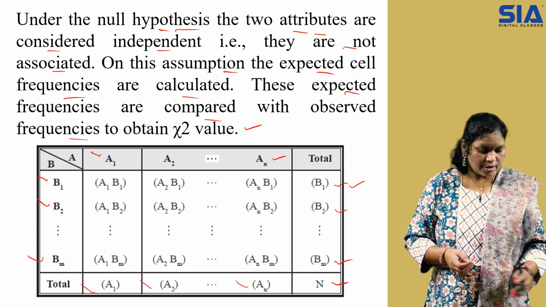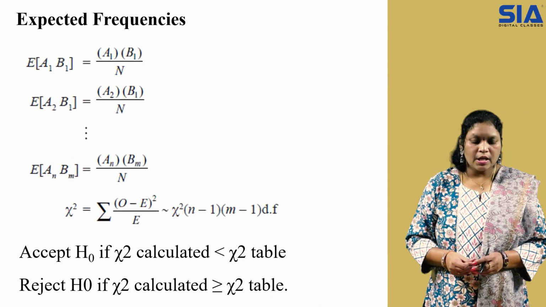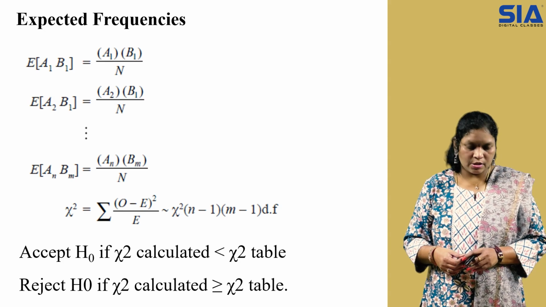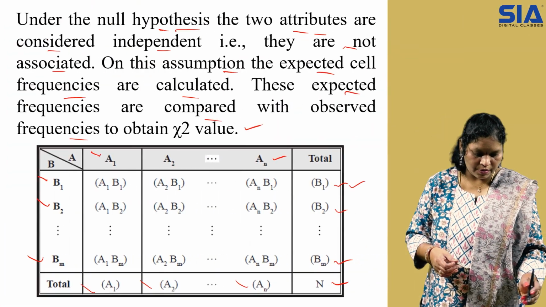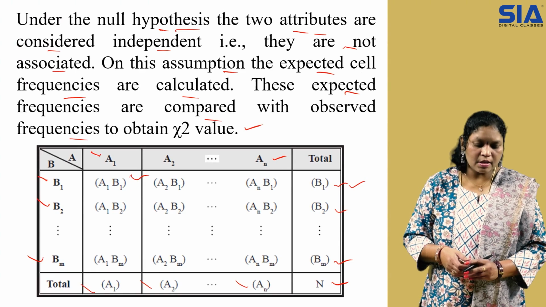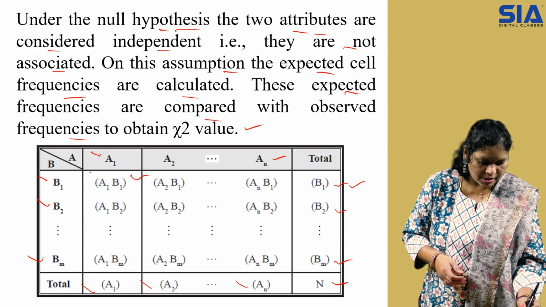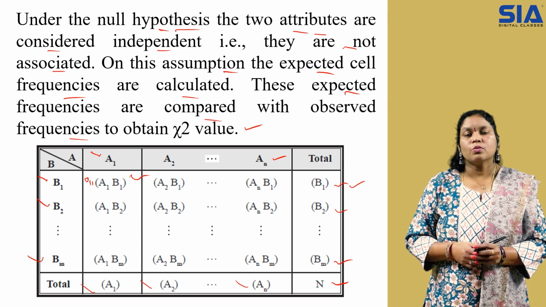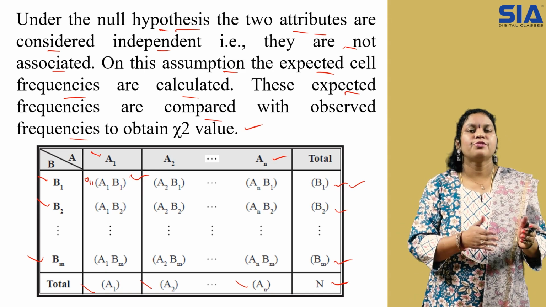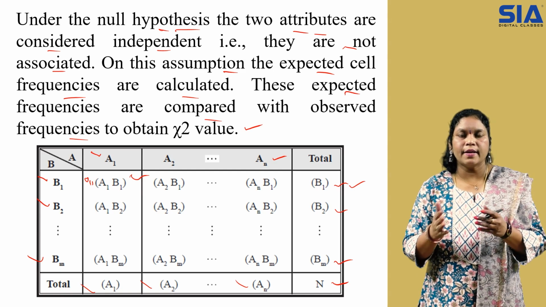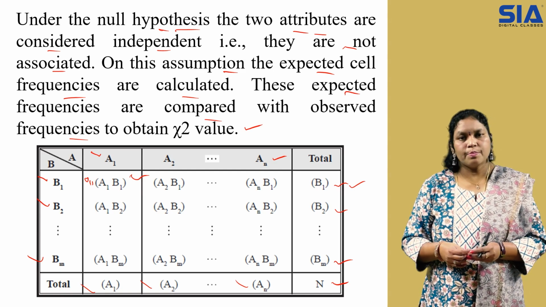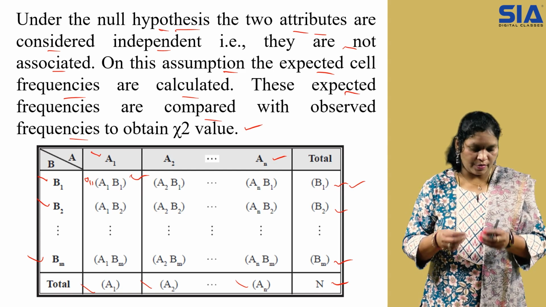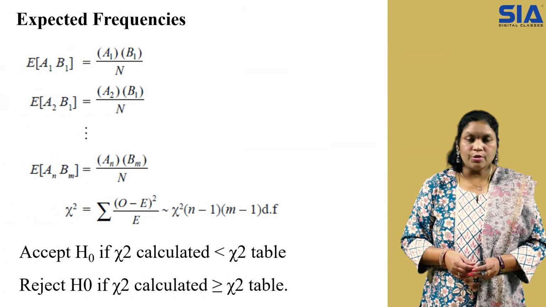Now let us check the formulas for our chi-square test. Expected frequencies we have to obtain using the observed frequencies. Whatever A1, A2 values we have just checked, A1, B1 is the observed frequency for the first row, first column, so O11. Using that, E11, the expected frequency for first row and first column, let us obtain using the formula.